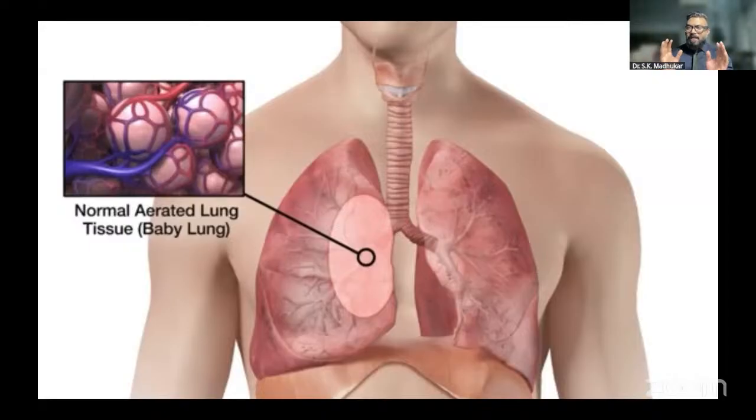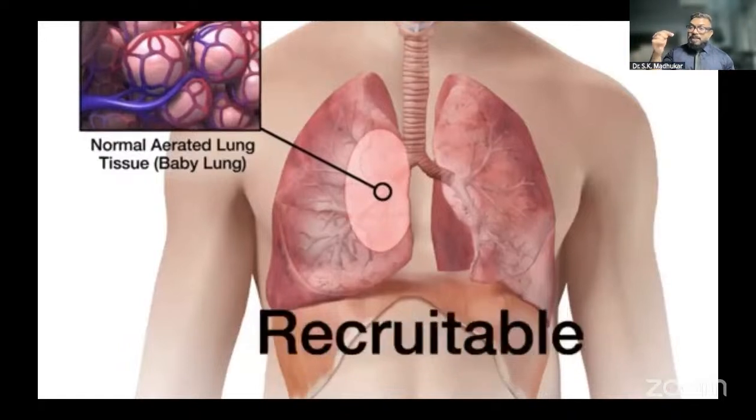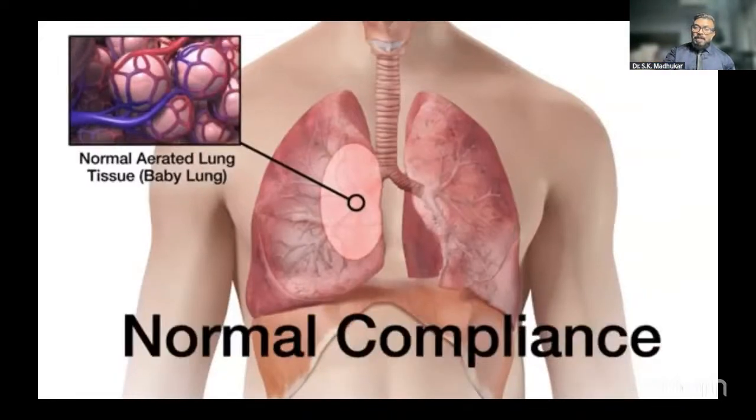So if a lung is diseased, the portion of the lung which is not affected by the disease is the baby lung. And we utilize this baby lung to our advantage because the baby lung is still functional. Baby lung is still recruitable. We can recruit the baby lung into the ventilation, and this baby lung has a normal compliance.